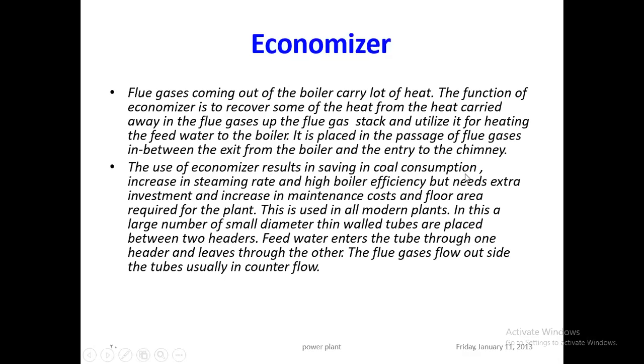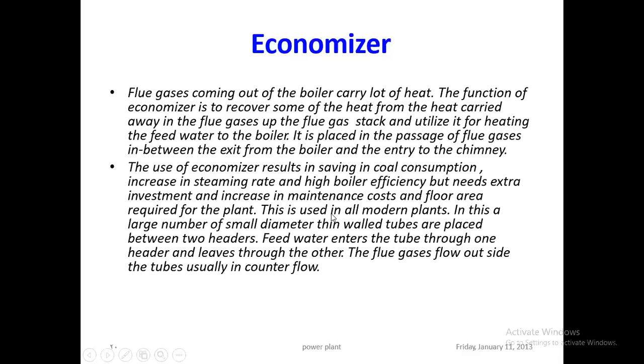The main reason to install an economizer is to save the coal consumed as fuel, increasing the steaming rate and giving high boiler efficiency, but it needs extra investment and increases maintenance cost and the floor area required for the plant.